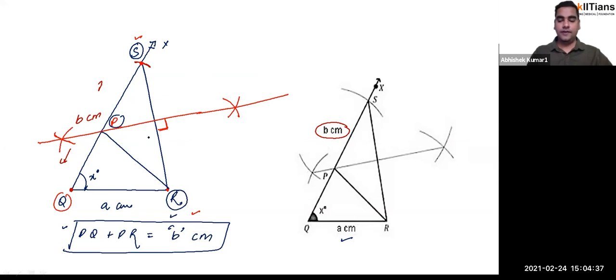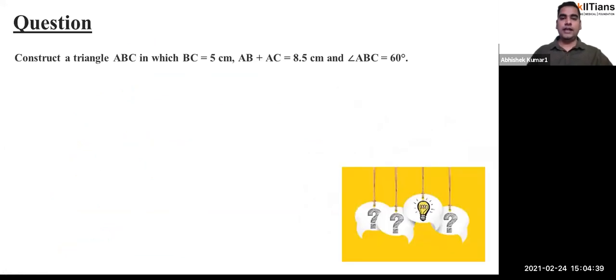Done? Okay. So now we are going to take an example to apply the concept that we just learned. Okay, so here, what are we provided? You are provided the value of BC equals 5 centimeter. You are provided angle ABC equals 60 degrees.